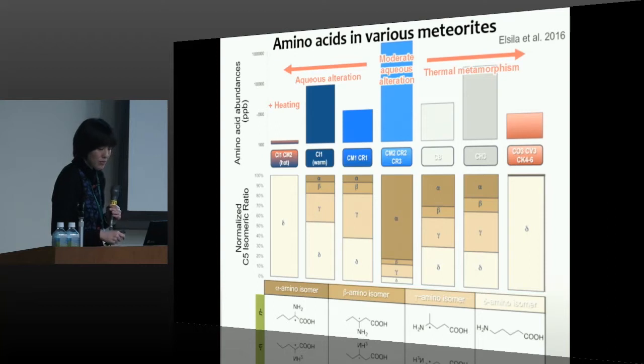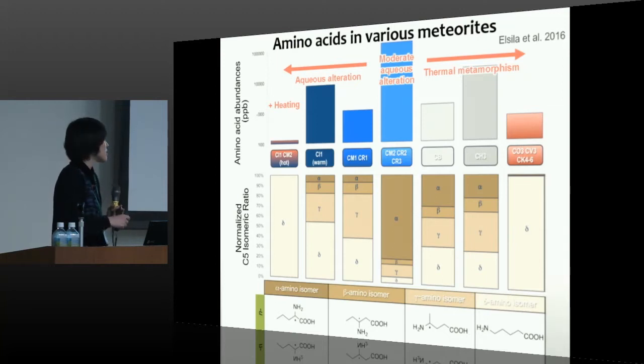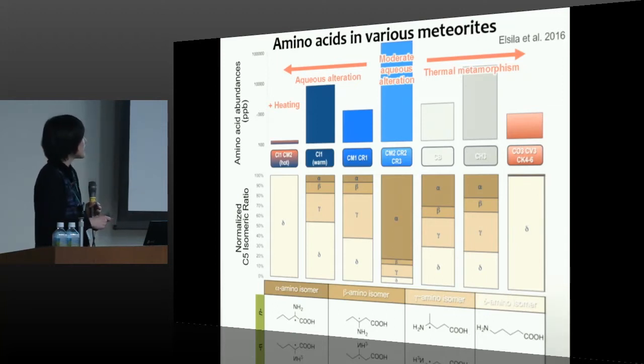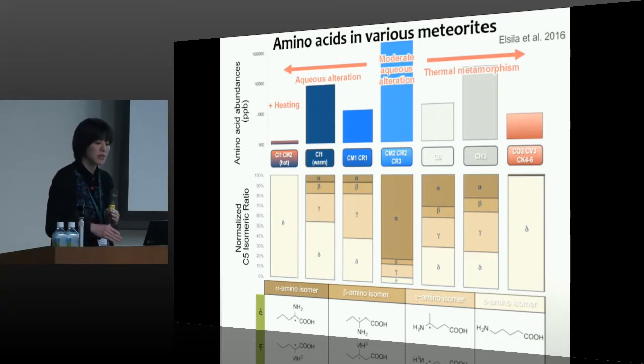But if you experience more aqueous alteration, the amino acid abundance decreases, and also the portion of alpha amino acid decreases and the relative abundance of gamma and delta amino acid increases.